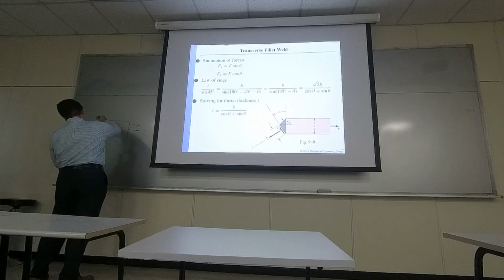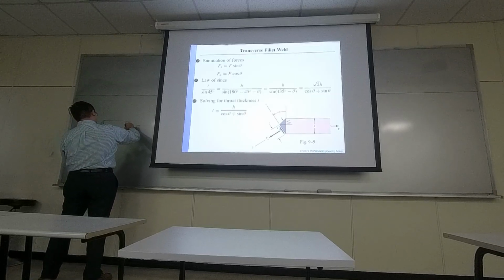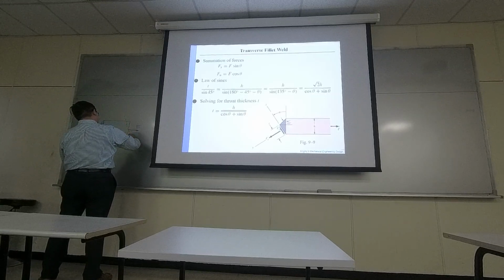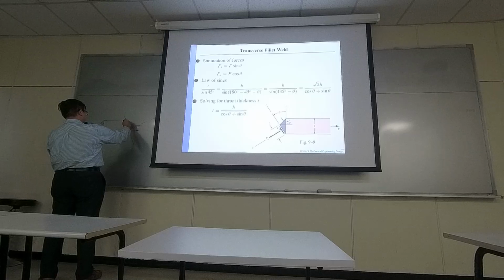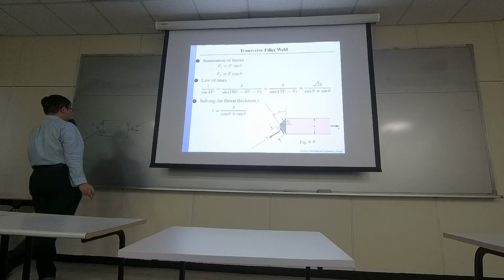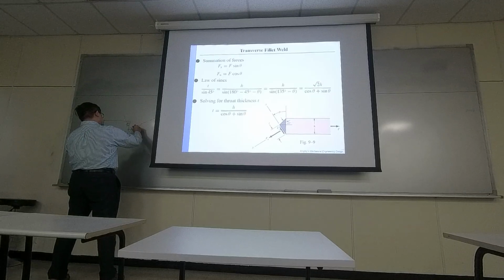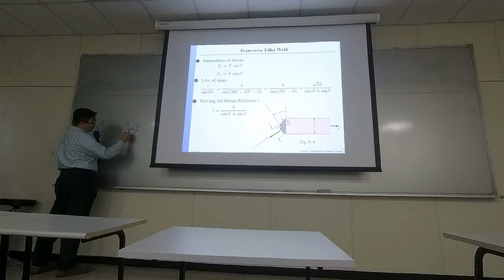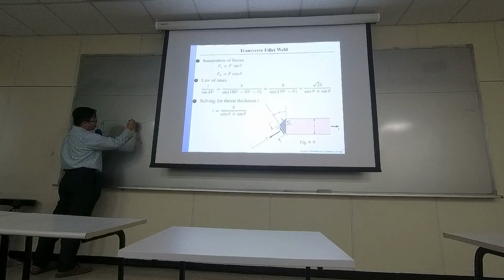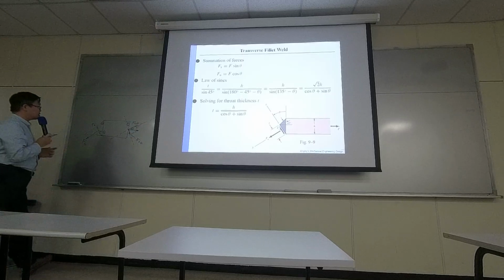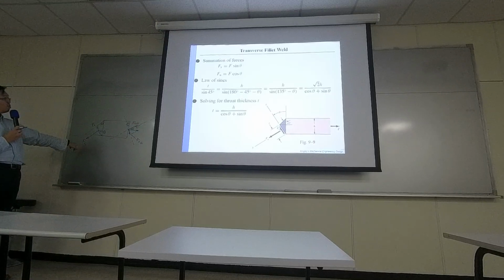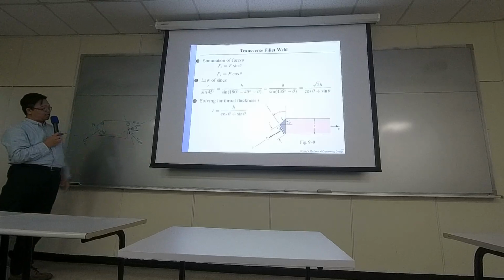So if I want to balance it, I will study along the same angle. In this case, this is theta. So if you get the components, you will have this component, which is F sine theta, and this component will be F cosine theta. So by balance of force, F normal equals F times cosine theta.